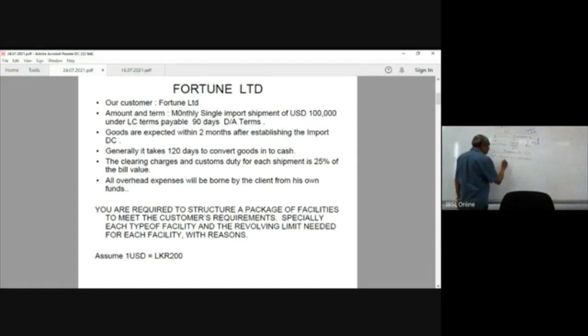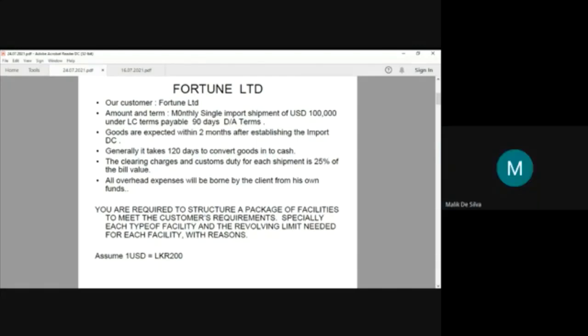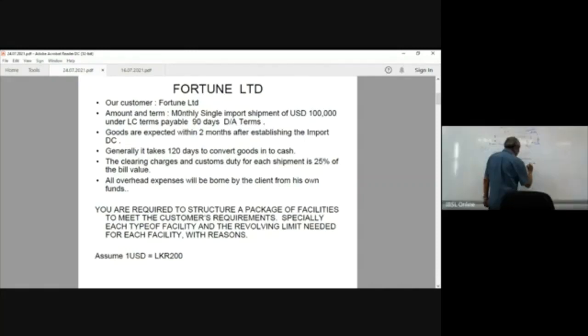US dollars 200,000 into 200, that is rupees, how much? Rupees 40 million. So that's the LC facility.